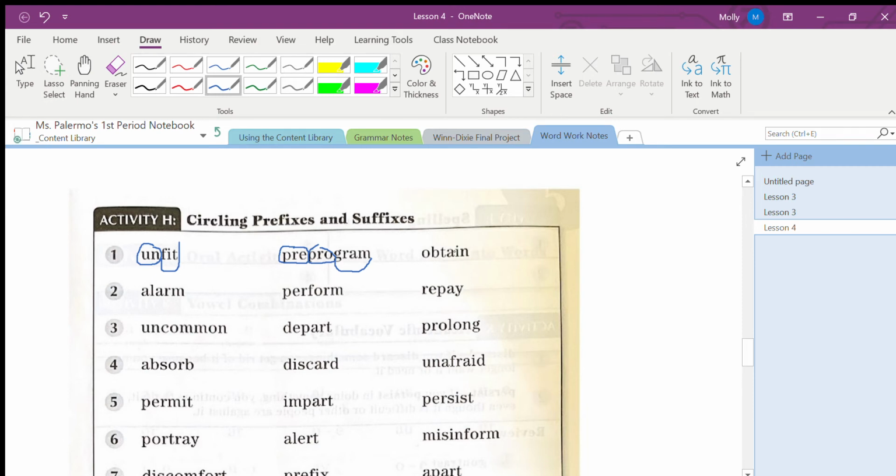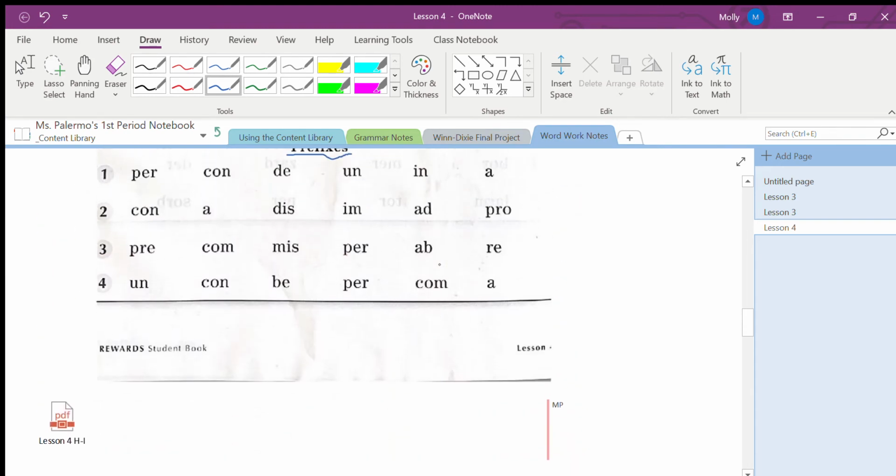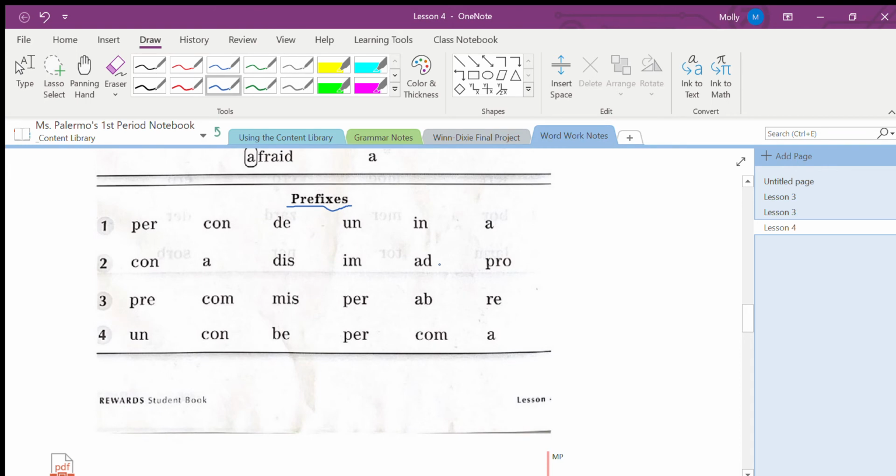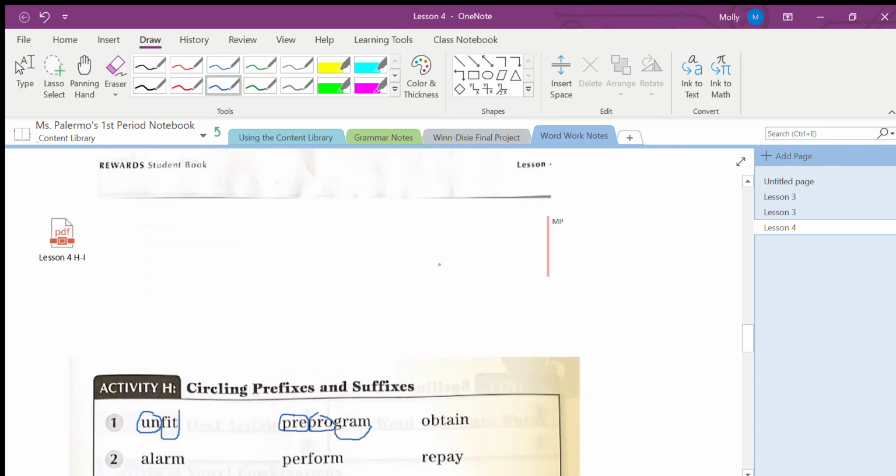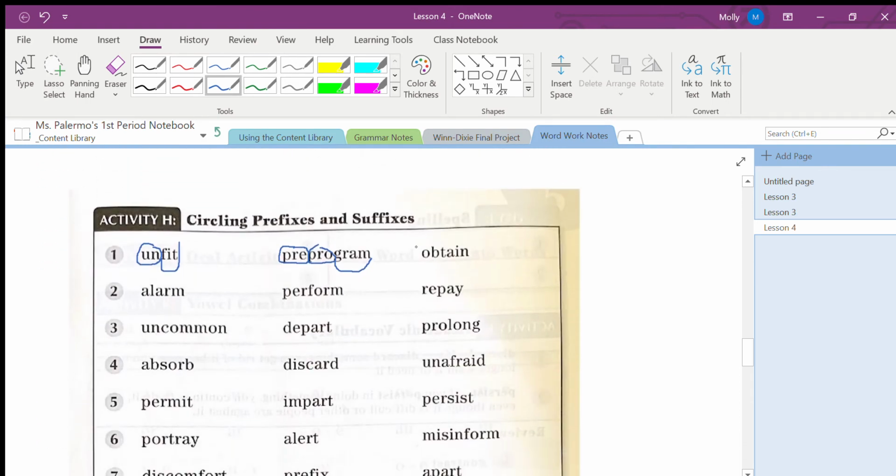The last word actually doesn't have any prefixes. If I look up here, I don't see ob or obt. None of those are in my list. So I'm not going to circle anything, but I am going to do that half circle thing underneath the word parts. I see one vowel sound here, and I see one vowel sound here.